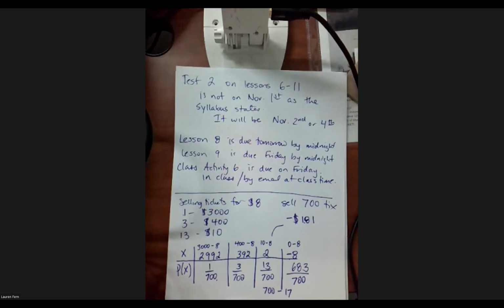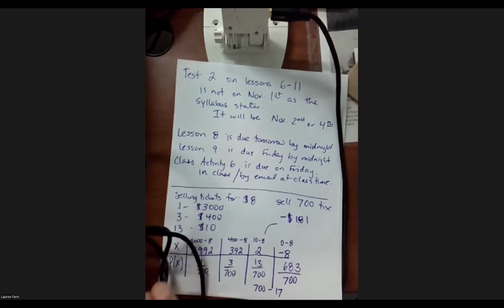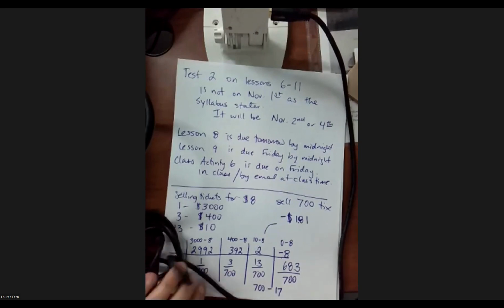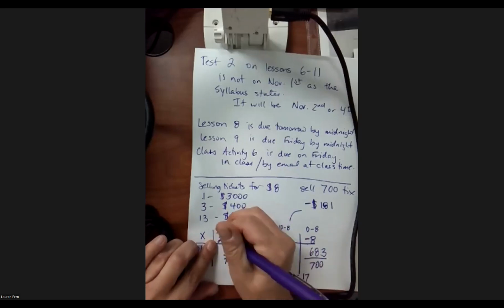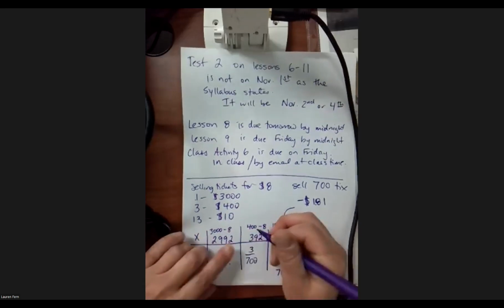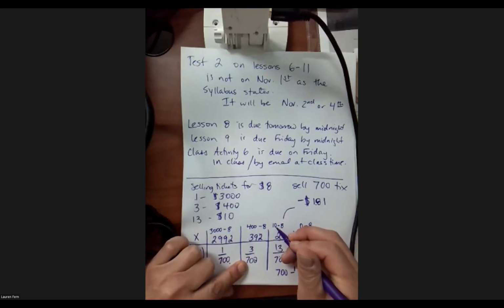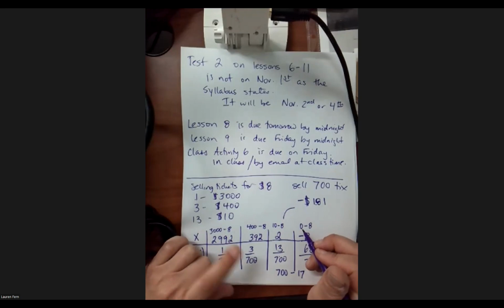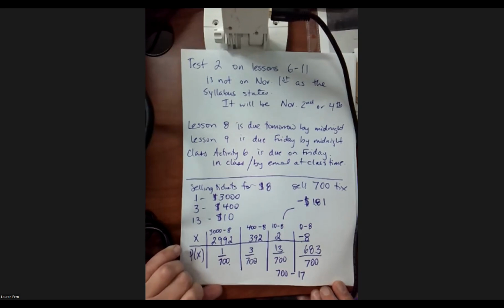And that makes sense that on average, there would be a deficit, because otherwise, how in the heck are they going to give out these huge prizes? They won't have the money to do that. Now, for those of you who didn't subtract off the 8 at the beginning, in other words, did 3,000 times 1 over 700 plus 400 times 3 over 700 plus 10 times 13 over 700, and then plus 0 times 683 over 700, you're going to then need to subtract off the $8 at the tail end.